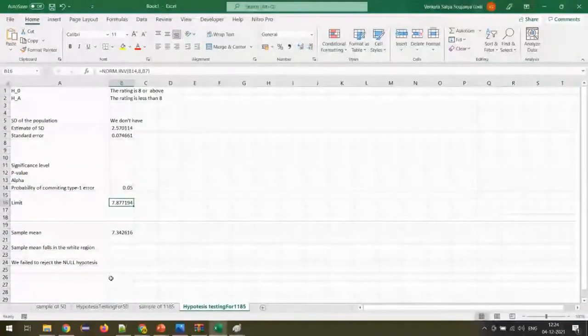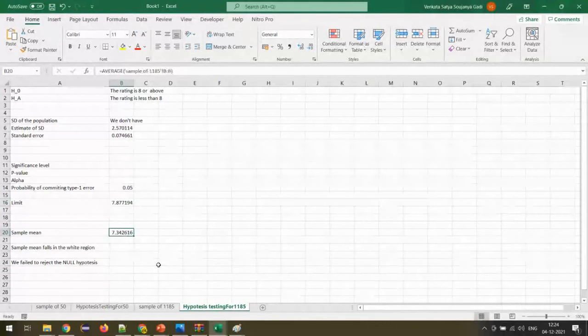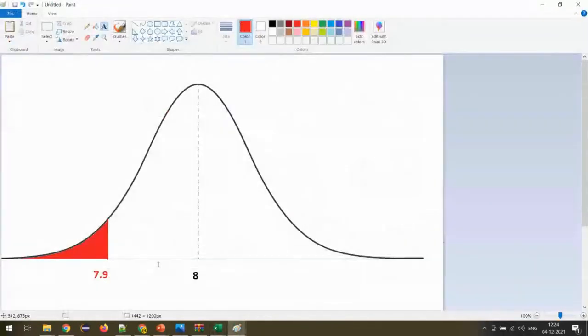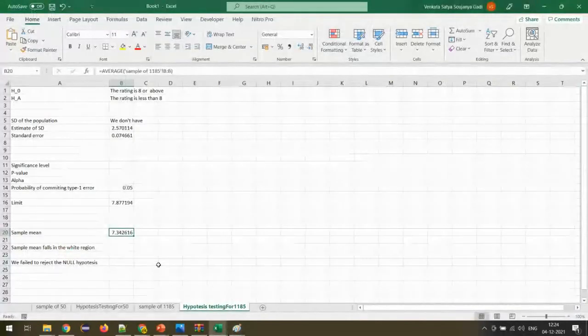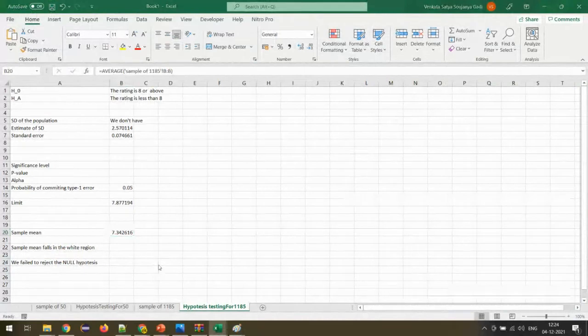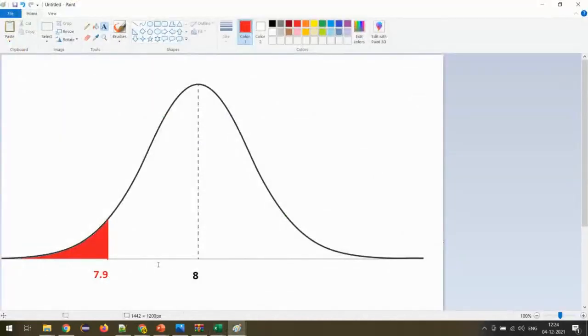So what is the value we are getting? 7.3. Where is the 7.3? Where does it go? In the red region or in the white region?